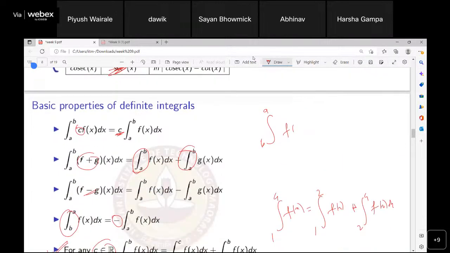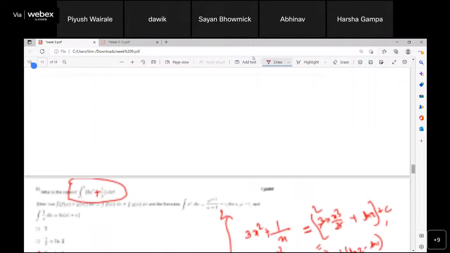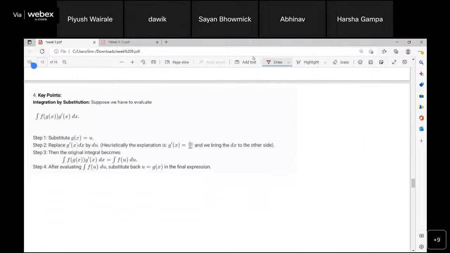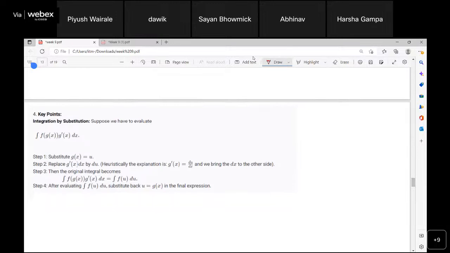And using these properties. So now there is something called integration by substitution. Suppose we have to evaluate the integral of f of g of x, whose derivative is given to us like this, g dash of x, right? Then we can use the substitution method.